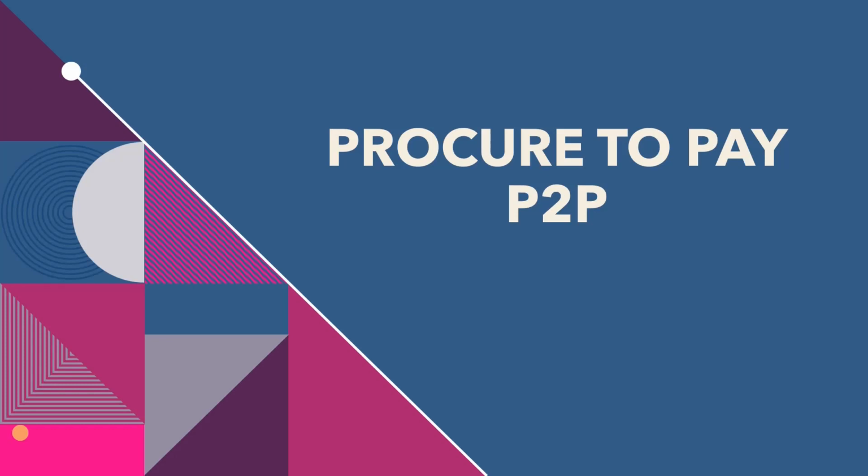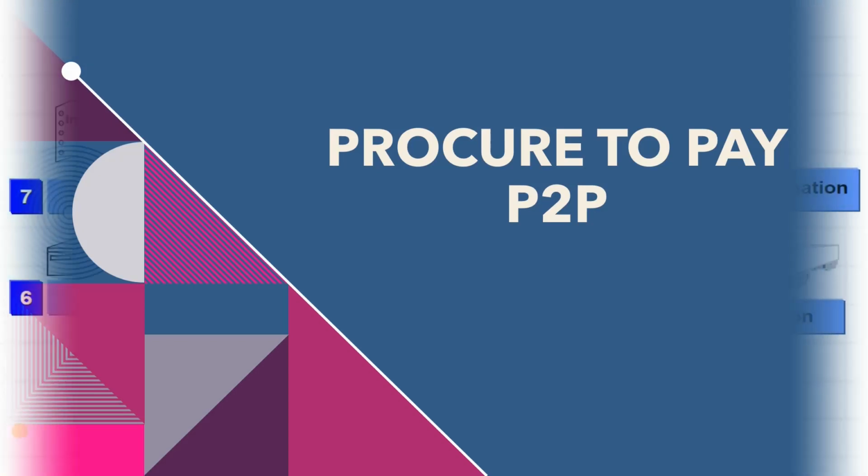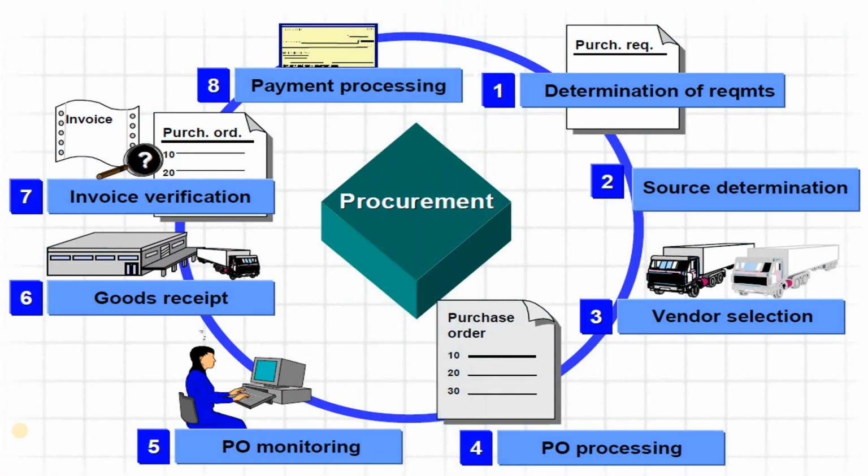But before that, we need to understand what is the procure to pay cycle, or you can say P2P cycle. So this slide represents the whole P2P cycle.